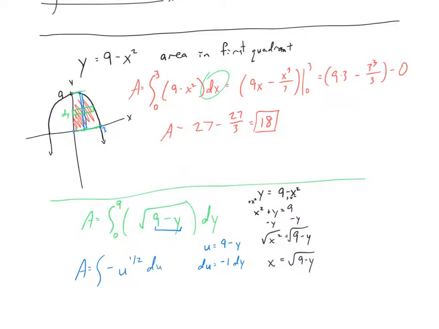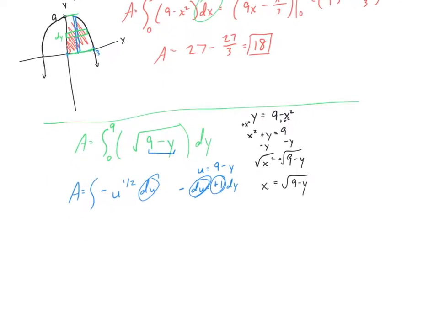Okay, so the du over here is the du right there, and that negative 1 there, I need to write it on the other side, just like if there was a 2, we divided by 2, so we solve for that dy, which gives us just a negative sign popping up inside of our integral. And then, in addition to that, we want to rewrite our bounds. So if u equals 9 minus y, the top bound, 9 minus 9 is 0, and the bottom bound, 9 minus 0, is 9.